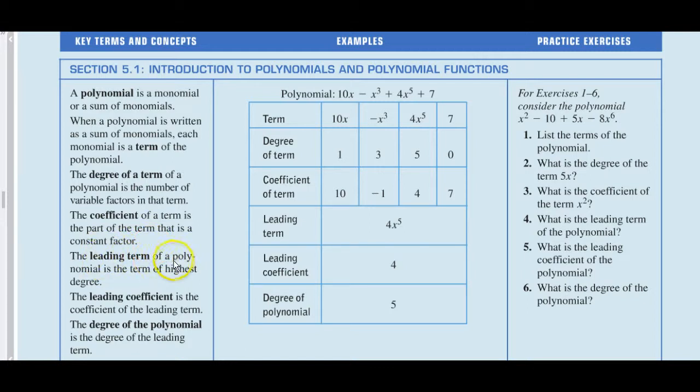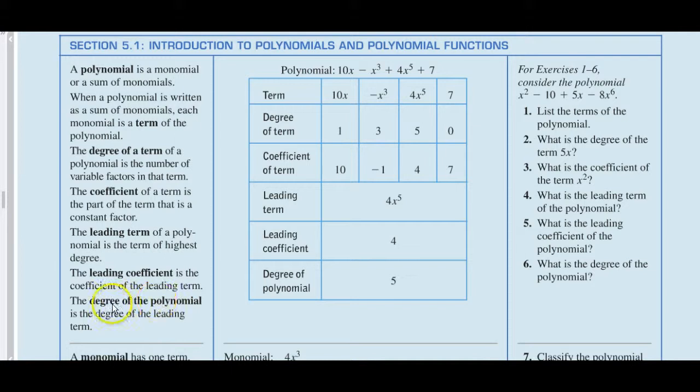The leading term is the term with the highest degree. Leading coefficient is the number that's part of that leading term. Now, the degree of the polynomial, once you figure out which is the largest individual term, is the degree of that term.